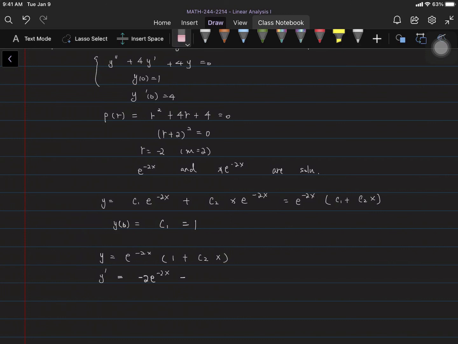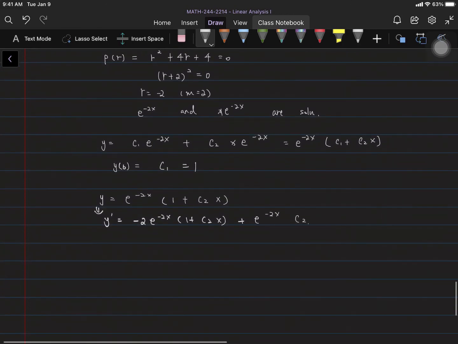Maybe the second form is easier, so from here it's easy to find y prime. We need the product rule: negative 2 e to the negative 2x times (1 plus C2x), that's f prime g, plus f g prime, which is C2.